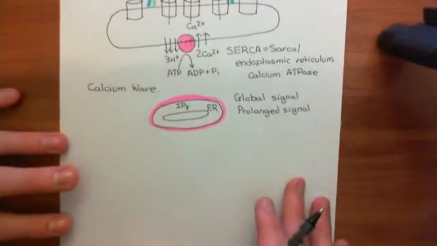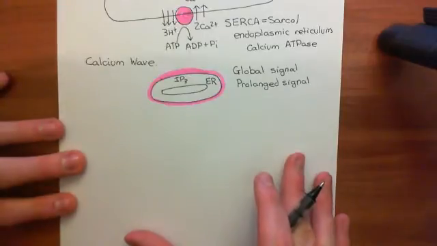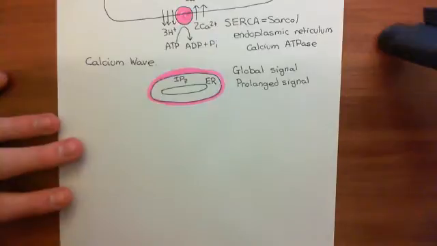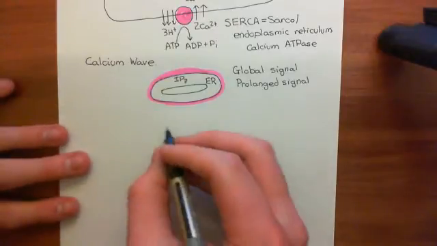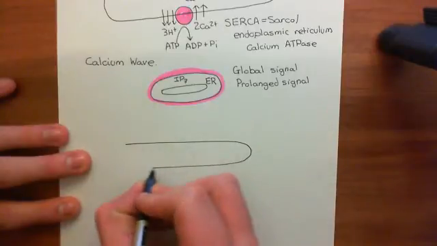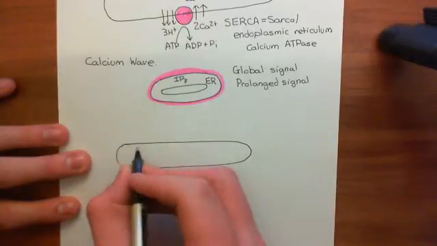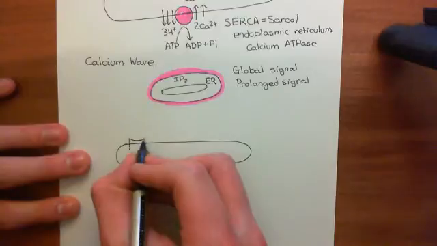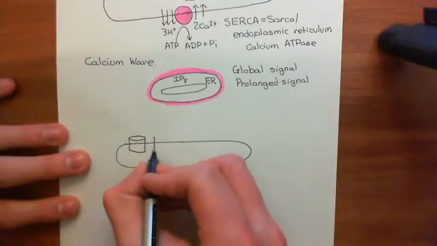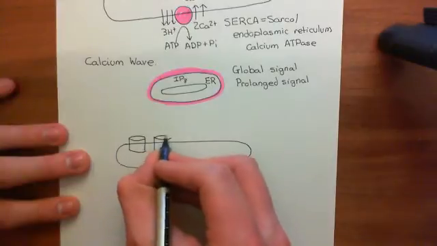So let me explain what is understood about these calcium waves, and there are still some massive questions which are not known. Basically, what's going to happen this time in our ER, if we draw our ER again, is that the IP3 receptors all the way along the ER are going to have IP3 bound to them.